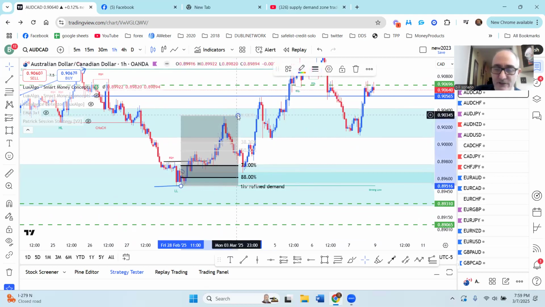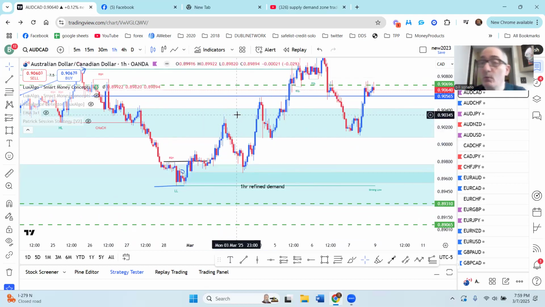So that's another entry technique you can use when you can't find an imbalanced, refined supply or demand zone on the 1 hour time frame to trade from: use the fib retracement tool and wait for a pullback to the 71 fib. That's another way that you can enter.